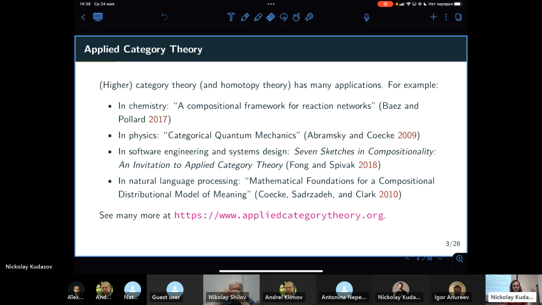So whenever you see homotopy theory or category theory, or maybe this word higher attached to it, very generally speaking, we're talking about the same, or a very closely related, collection of theories.